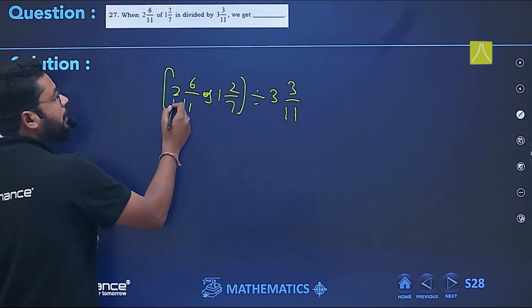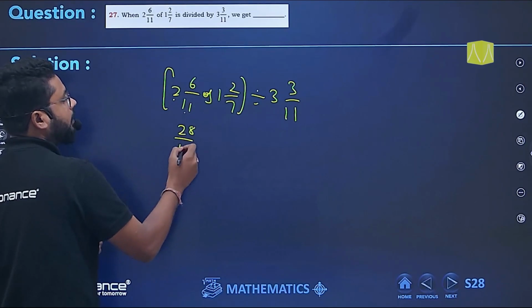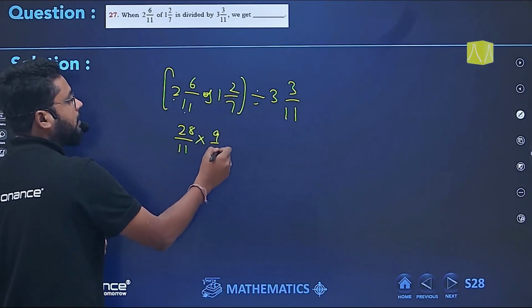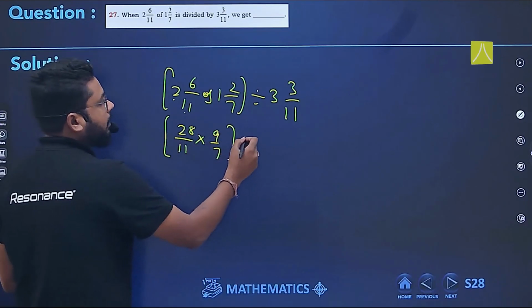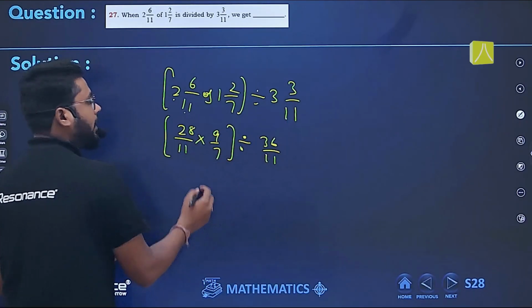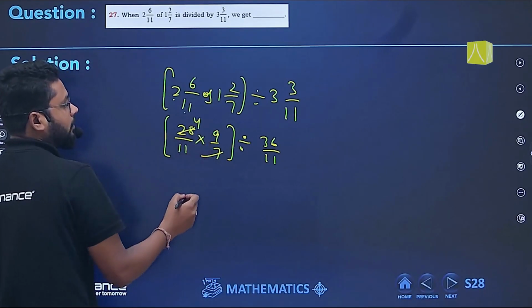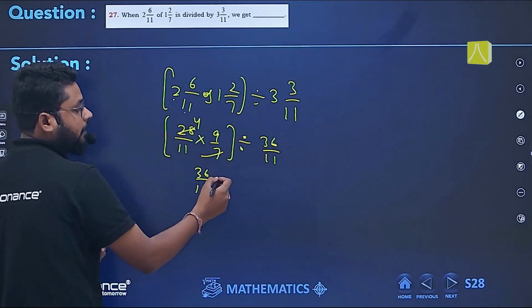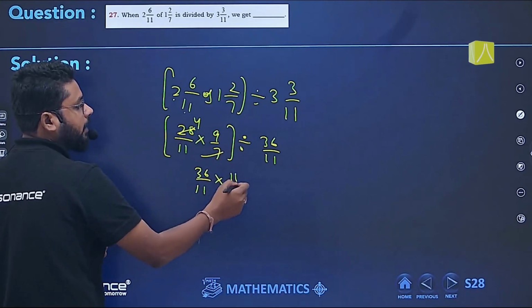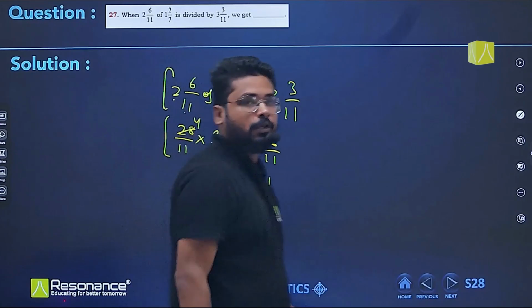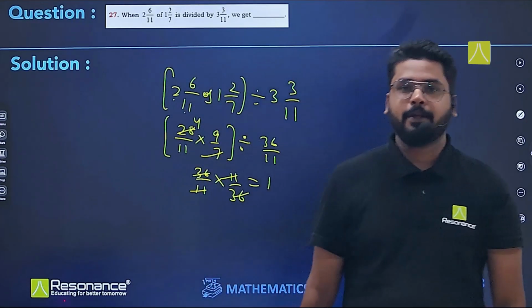So 11 times 2 is 22, plus 6, 28 by 11, into 7 times 1, 7 plus 2, 9 by 7, divided by 11 times 3 is 33 plus 3, 36 by 11. If I convert the divide sign into multiply, the fraction will get reversed, so it will get cancelled. So our final answer will be 1 only.